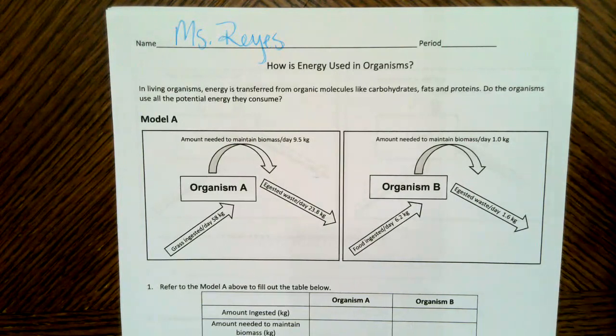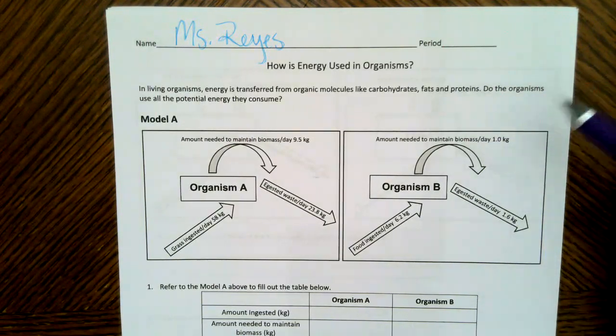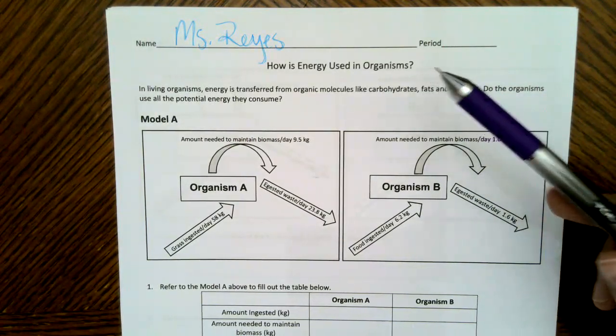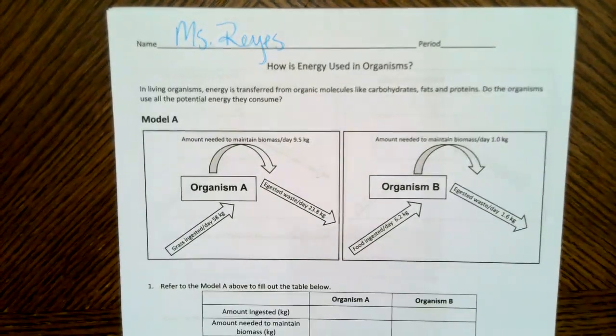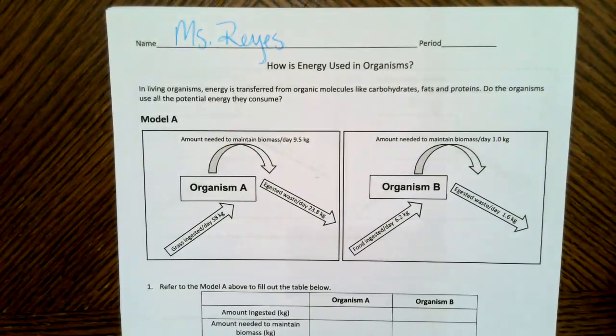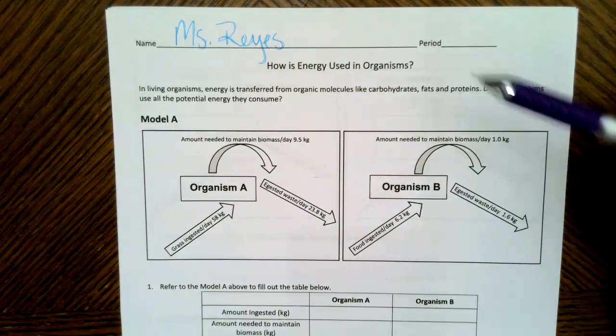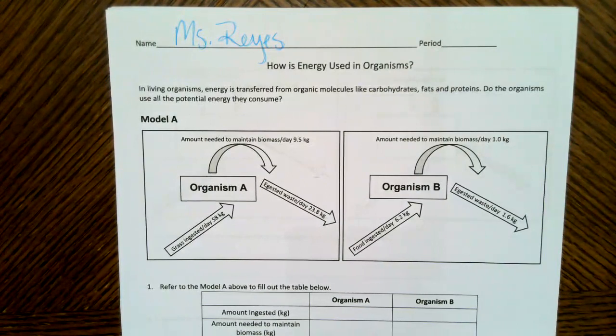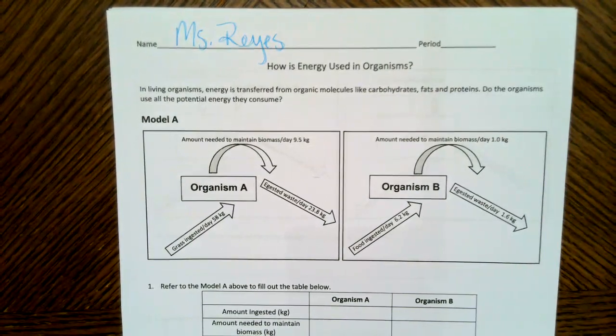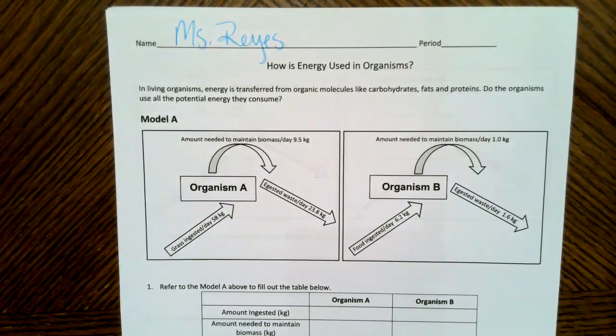Anyways, we are talking about how energy is used in organisms, right? You are an organism. Lions are organisms. We're all organisms. We're living, we're breathing, and we require the use of energy. How do you get that energy? You've got to eat stuff, right?